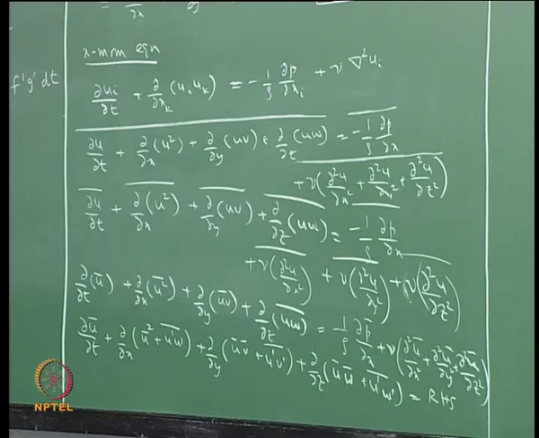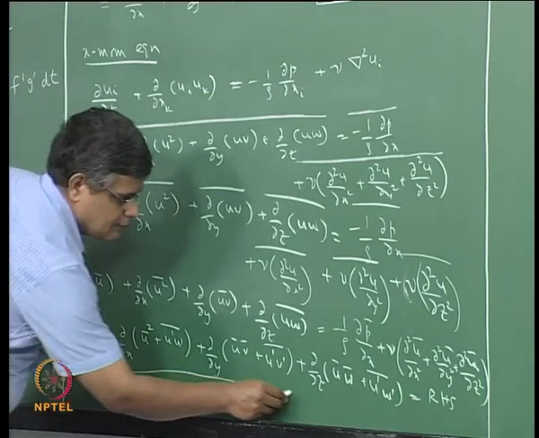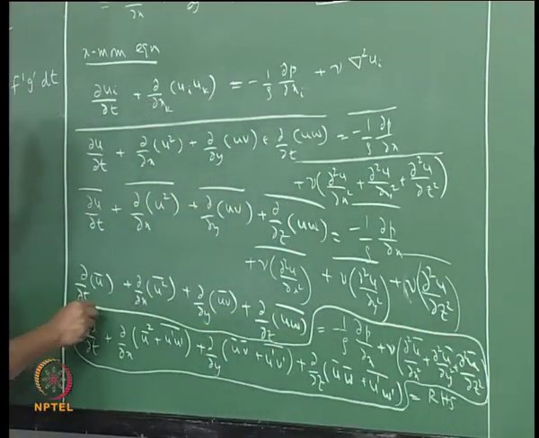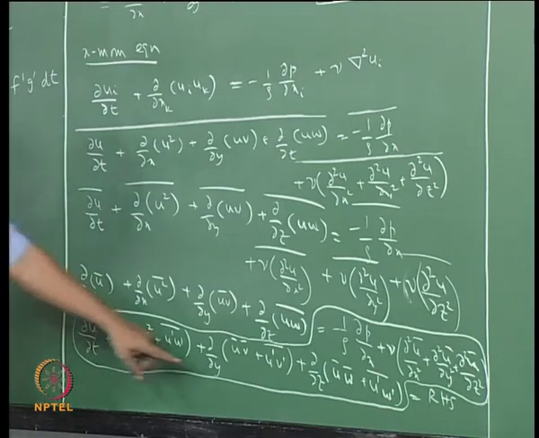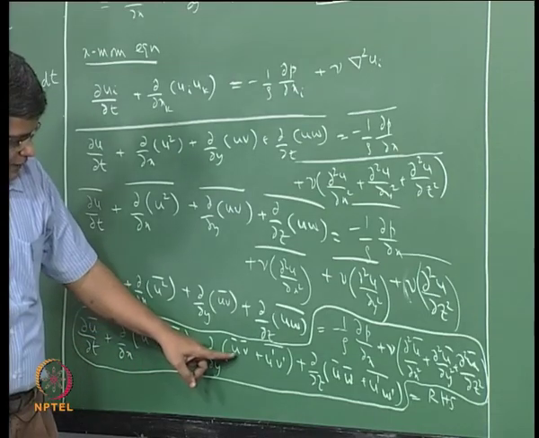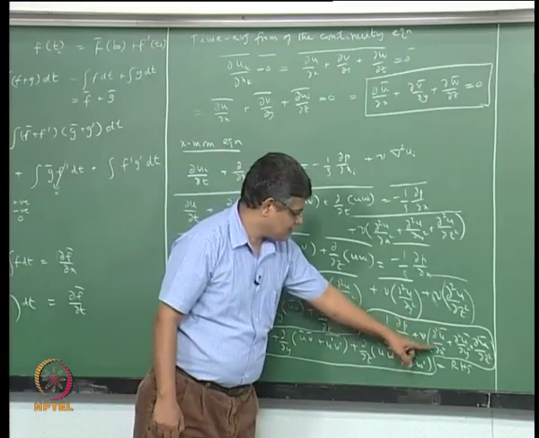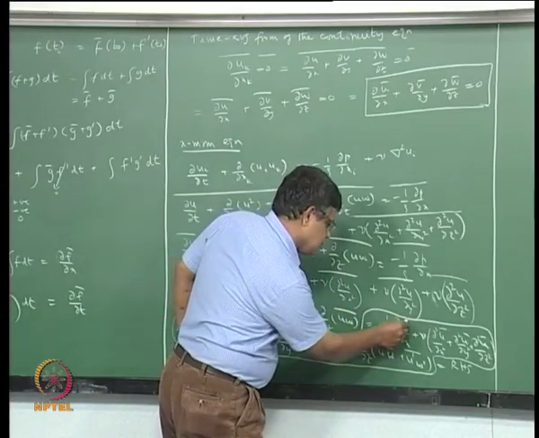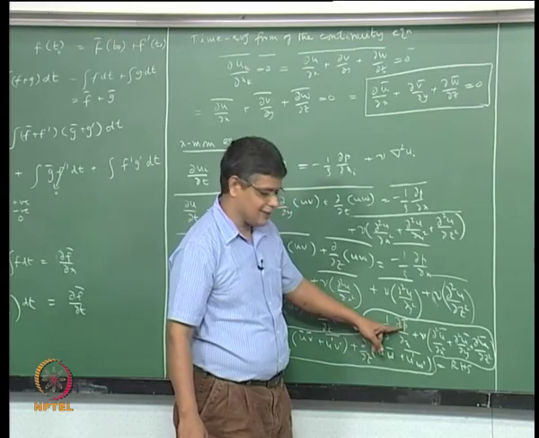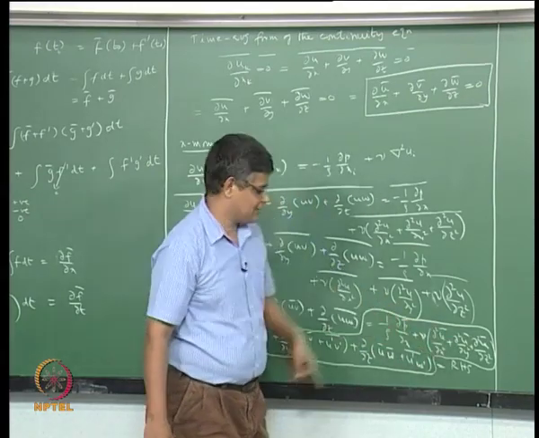Okay, so now if we look at this equation here, this is the time averaged form of the x momentum equation, and we see that in this time average form we have the temporal gradient of u bar, spatial gradient of u bar, spatial gradient again with respect to y of u bar v bar and all these things, and on the right hand side again we have the gradient of the mean pressure and gradients of the mean velocity that are coming into the picture.